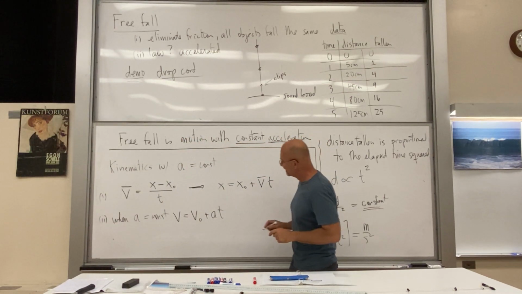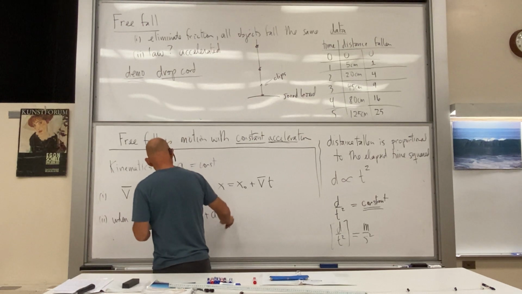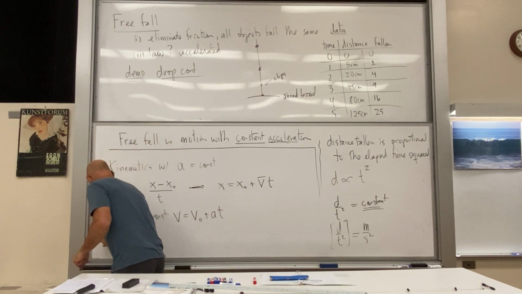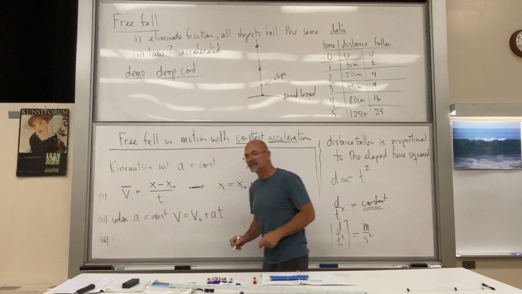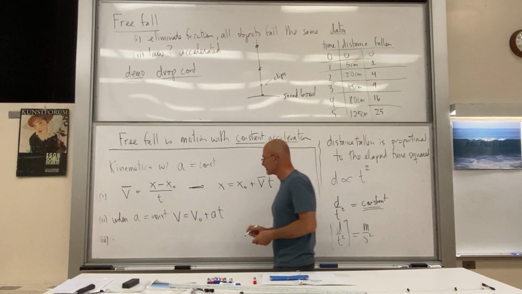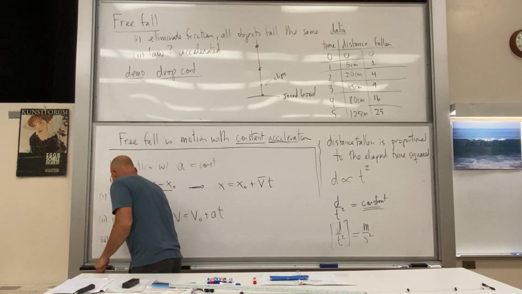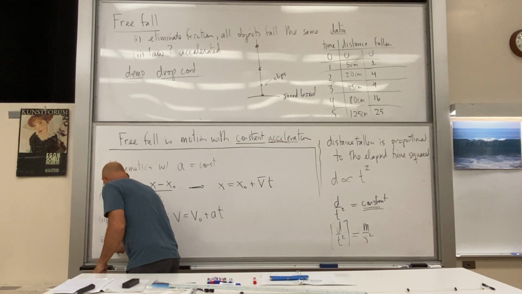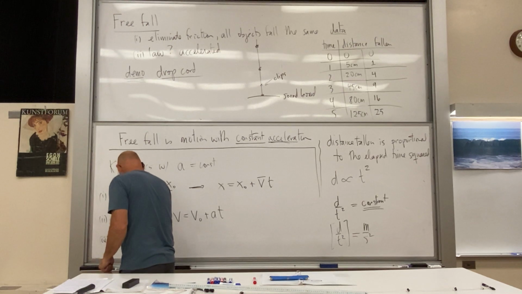That was the second equation. That was the one we graphed as a straight line. And the third equation was the property of the straight line that I had given you guys in terms of the average.